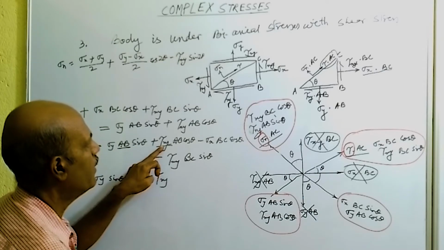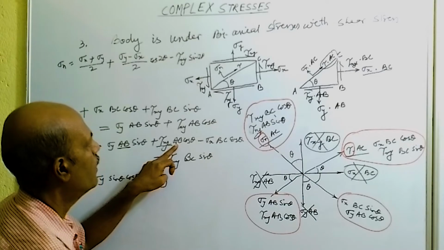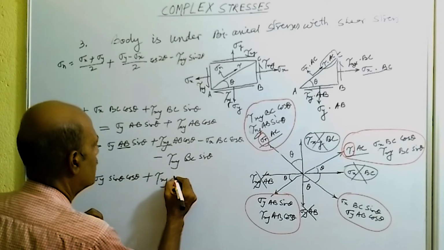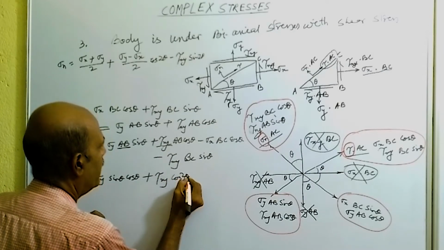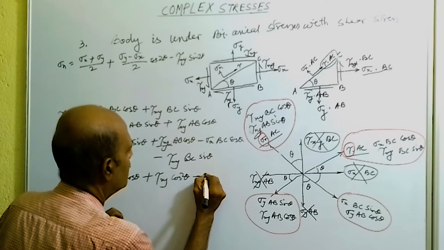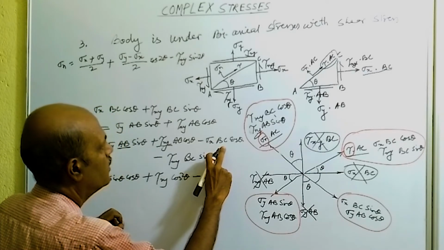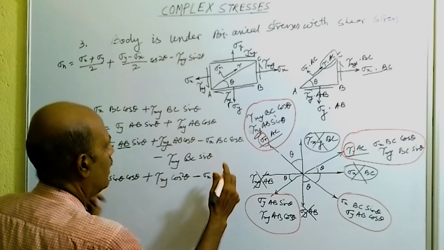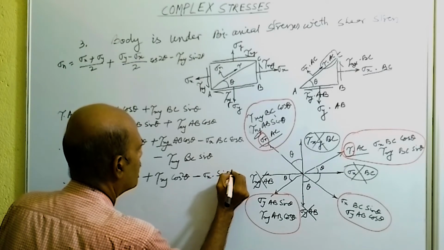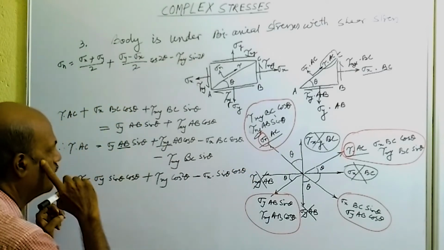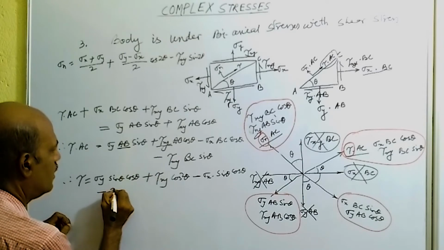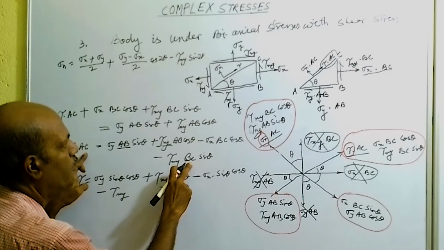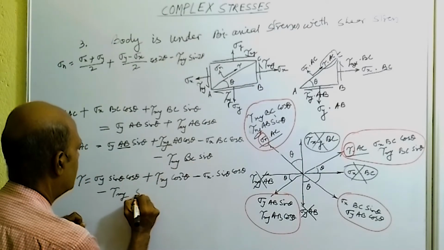Now tau xy into AB by AC, that is also cos theta into cos theta, which is cos square theta. Okay, minus sigma x into BC by AC, that is sin theta into cos theta, then minus tau xy BC by AC, that is sin theta into sin theta, sin square theta.